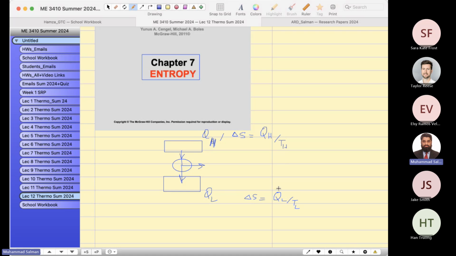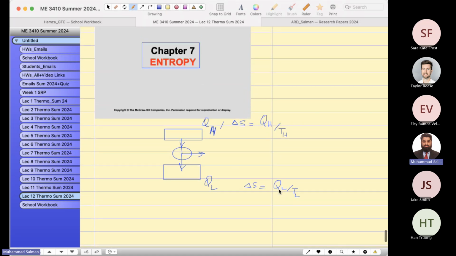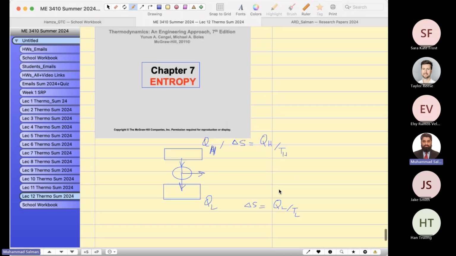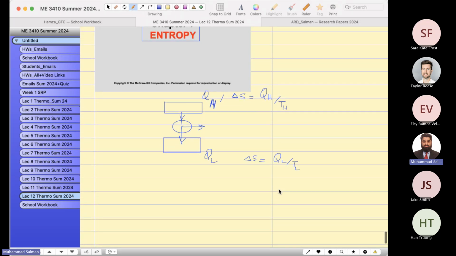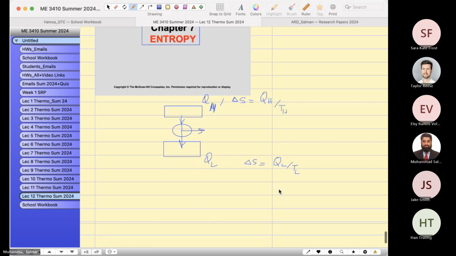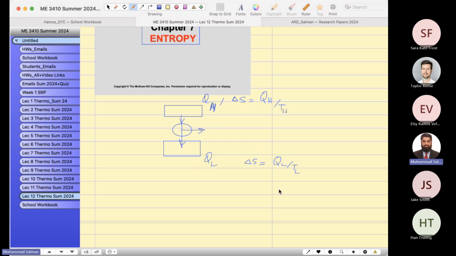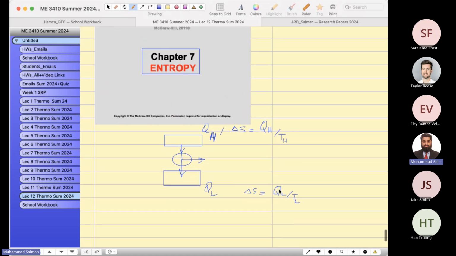So entropy is known as the measure of disorderness or measure of the non-availability of energy to perform the work done.